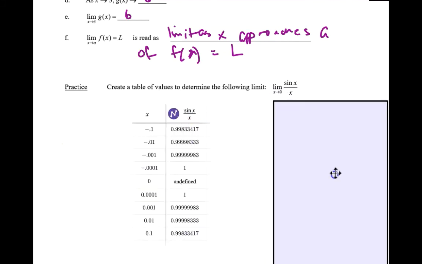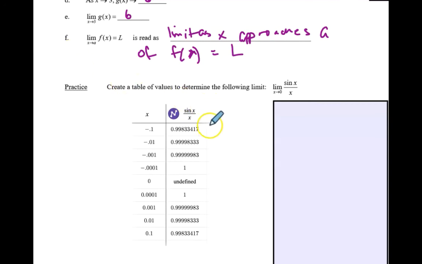Okay, so I went ahead in Desmos and came up with these x values, so negative 0.1, negative 0.01, negative 0.001, and then I flipped to the positive side. And what I see here is that my y values, as I'm moving toward the value of x equals 0, my y values are approaching 1 from both sides.